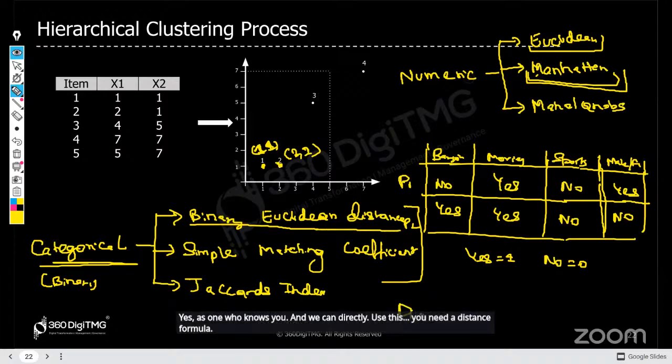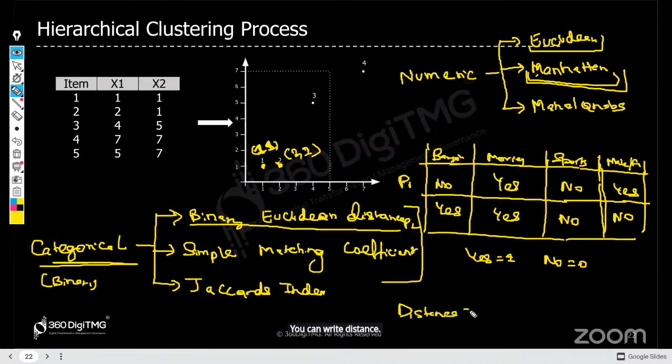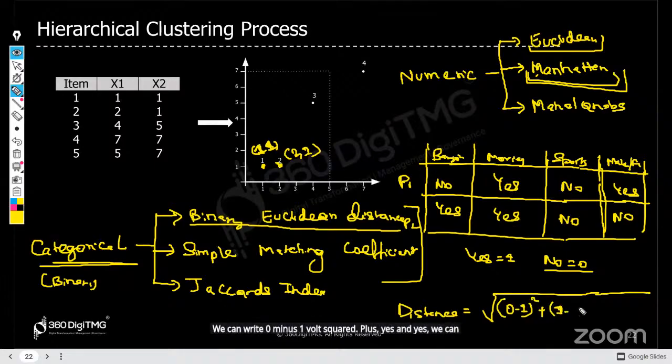Distance equals root under: we have considered no as 0 and yes as 1, so we write 0 minus 1 whole square, plus yes and yes, 1 minus 1 whole square, no and no, 0 minus 0 whole square, and in the same way 1 minus 0 whole square.